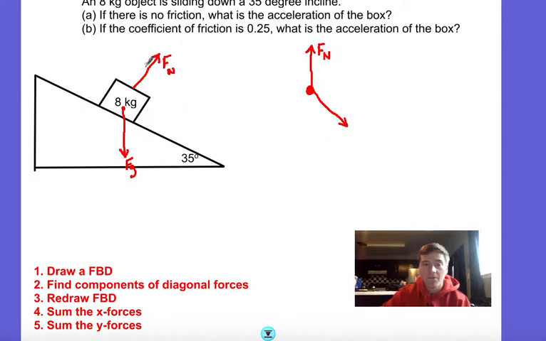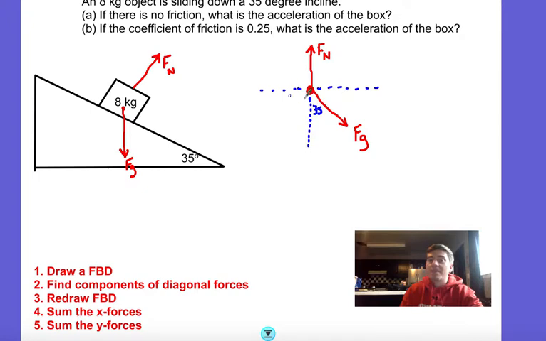I brought him 35 degrees down, that means this is going 35 degrees over. So I now have a situation where the force of gravity is pushing off 35 degrees to the right here. The reason I like to do that is because now our surface is flat, and that makes it more clear. Here's our surface, the box is on it, and here's the way it can move. We've got our vertical forces and our horizontal forces.